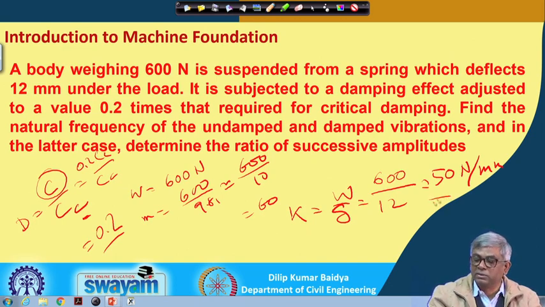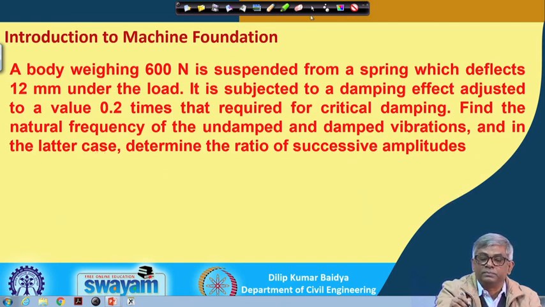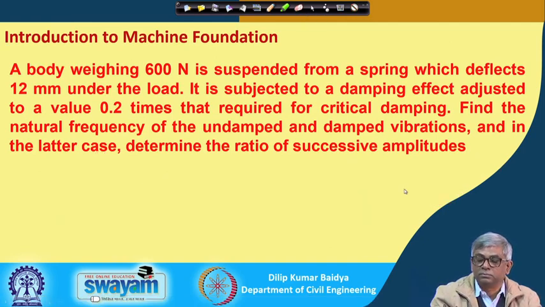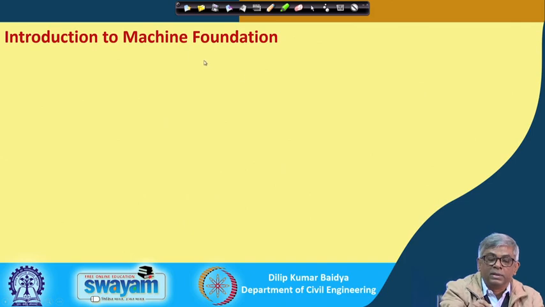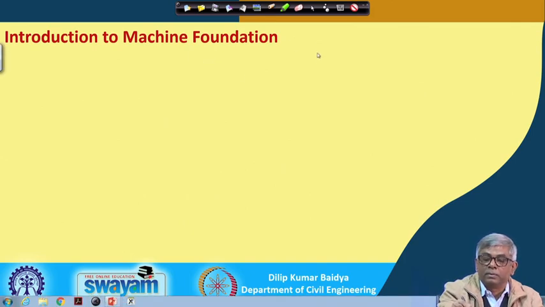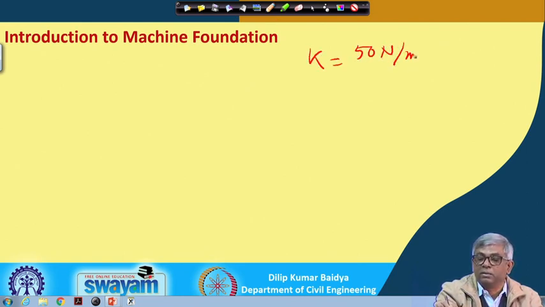So, we have got the spring stiffness. Let me go to the next page. K becomes 50 Newton per millimeter, D becomes 0.2 and W becomes 600.